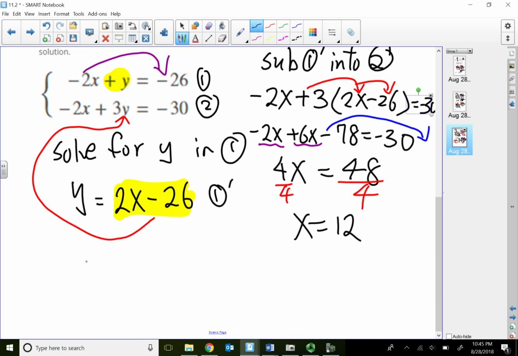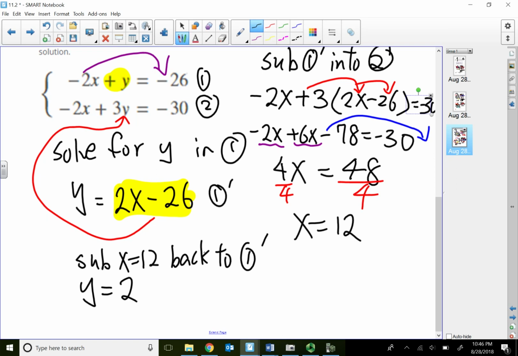So we're going to substitute x equals 12 back into the first equation prime. Since the first equation prime normally says y equals 2x minus 26, now you will say 2 times 12 minus 26. Substitute 12 for that x, which is 24 minus 26, so my y is equal to negative 2.